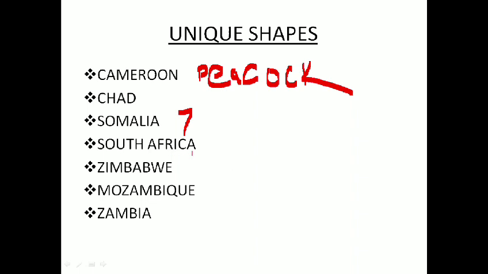Whereas South Africa, Zimbabwe, and Mozambique, if you take the color map, South Africa in one color, Zimbabwe in another color, and Mozambique in another color, these three together look as if in stylish letters the word boy. Why does South Africa look like B?